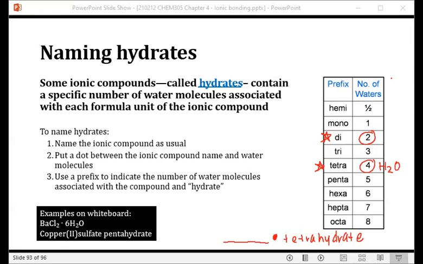So let's do a couple of examples on a whiteboard. We'll take the formula BaCl2 6H2O and turn it into the name of the hydrate. And then we'll take the name copper(II) sulfate pentahydrate and turn it into the formula.